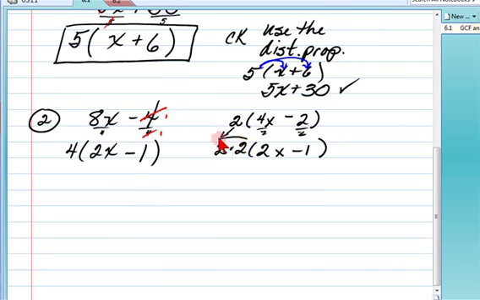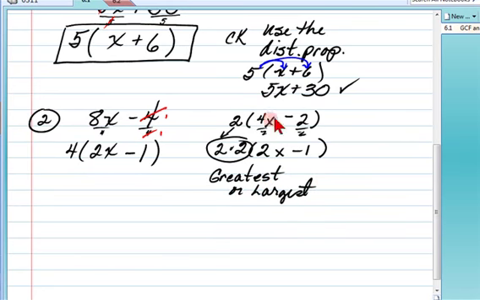You want the number out here to be the greatest or largest. It can be misleading because look at the answer right here. I would mark it wrong if my instructions had said factor this completely. But if you checked it, would it appear to you that you had done it right?